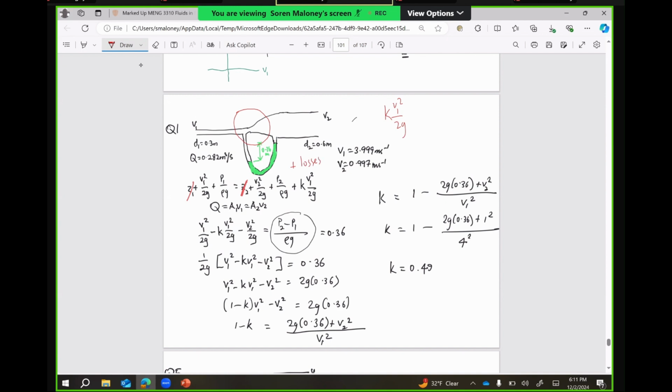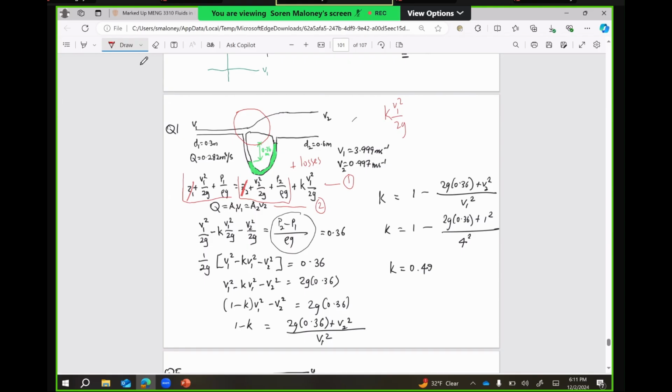And we've been given all the unknowns. So we write our Bernoulli's principle as usual for points 1 and 2 plus the loss, right? Then we have our continuity equation.